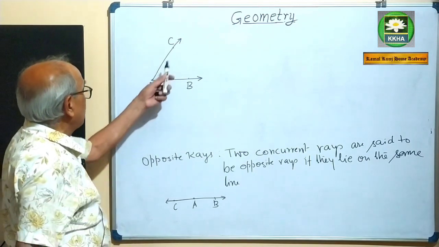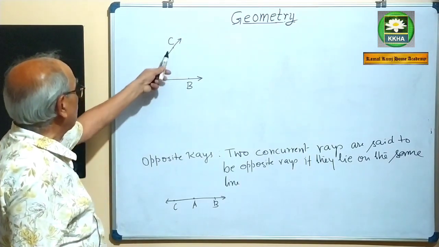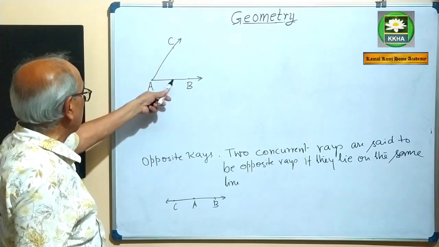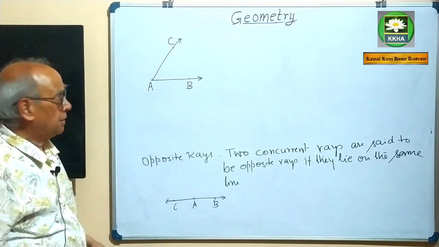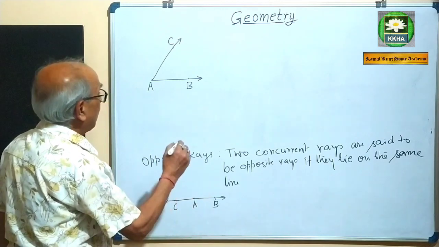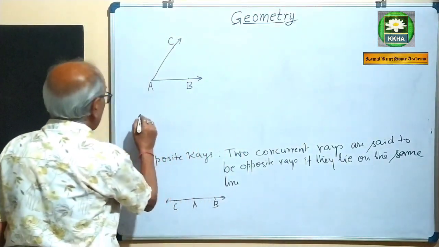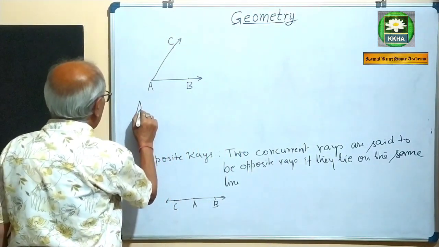An angle is a union of two rays having a common end point. How will you define an angle?